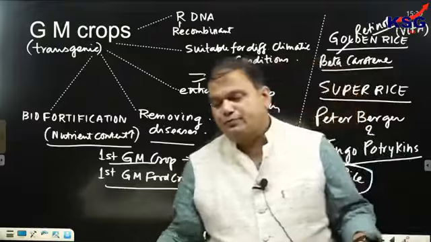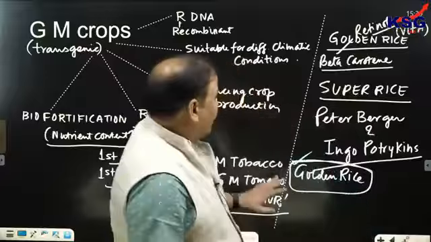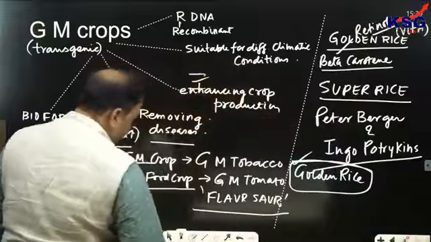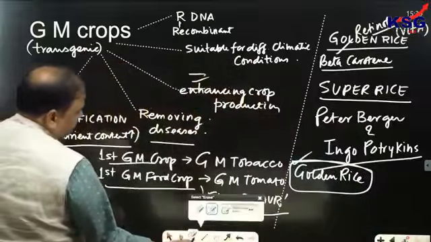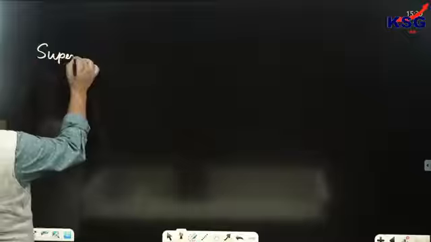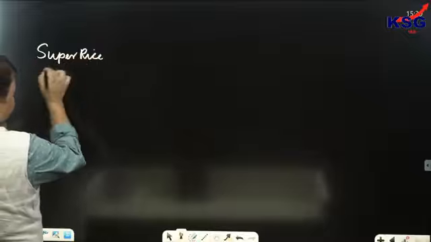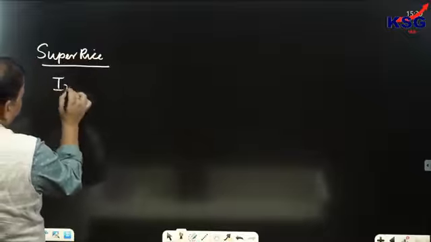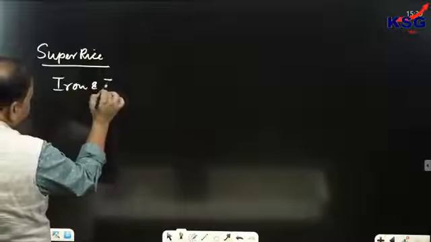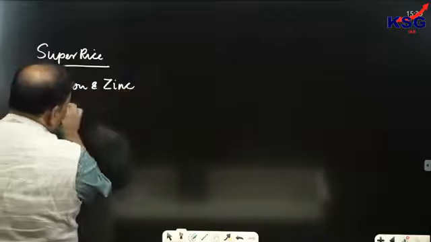Second, super rice. Rice also has a deficiency of iron and zinc.